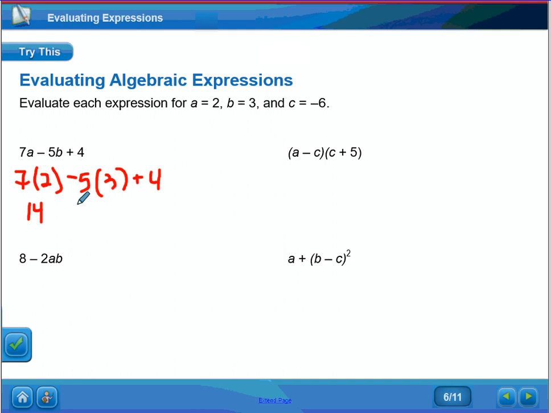Negative 5 times 3 is negative 15. And then plus 4. Then I'm going to add and subtract from left to right. So 14 minus 15 is negative 1. Negative 1 plus 4 is 3. And that would be our answer.